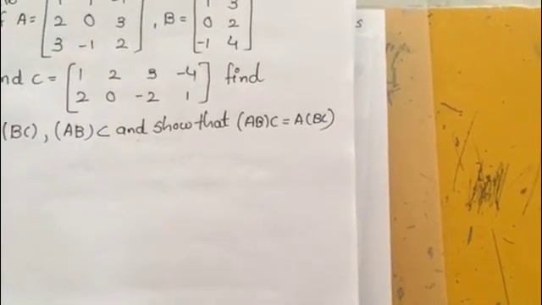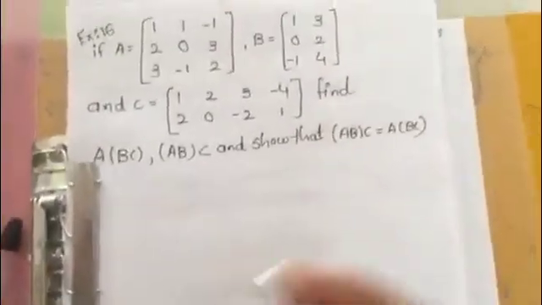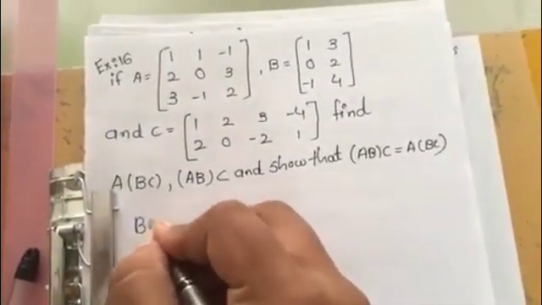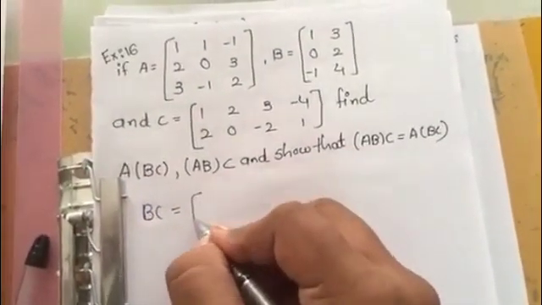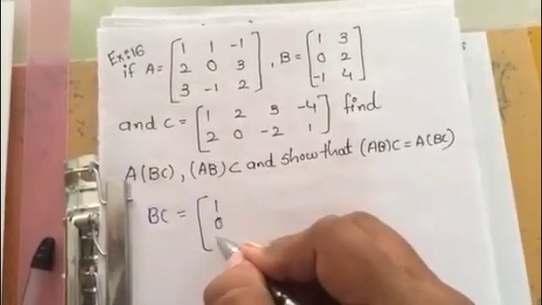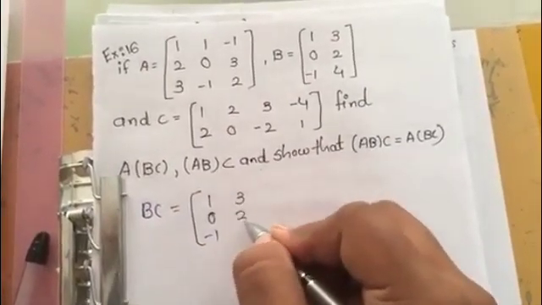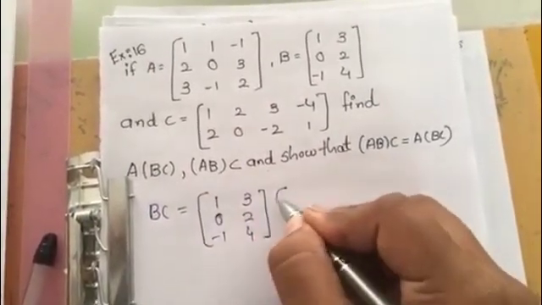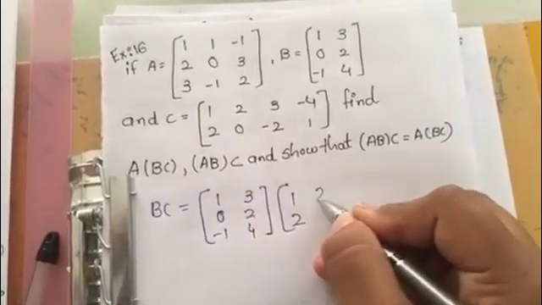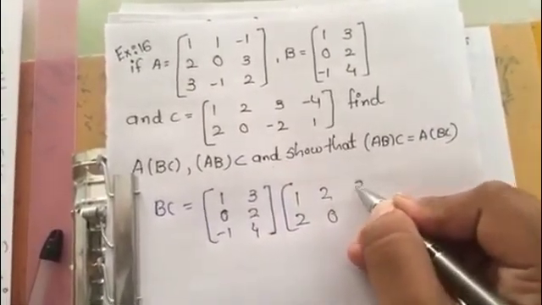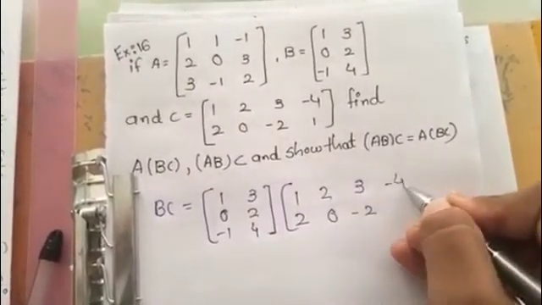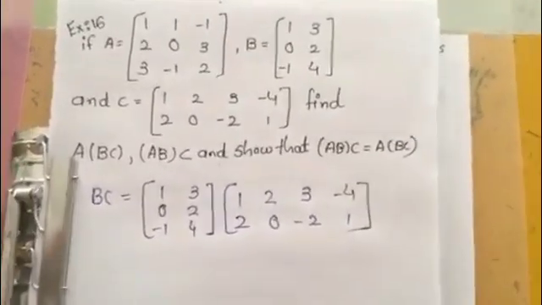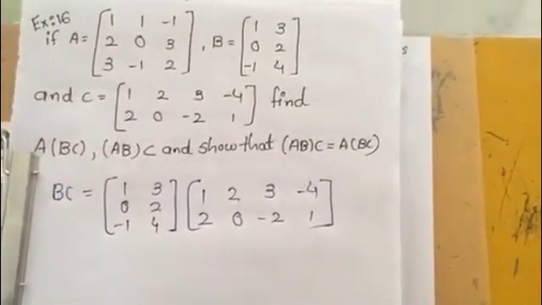Okay, let's start. First of all we have to multiply B into C. So B into C, look: B is 1, 0, -1, 3, 2, 4 into C, which is 1, 2, 2, 0, 3, -2, -4 and 1. Okay, so this is BC.